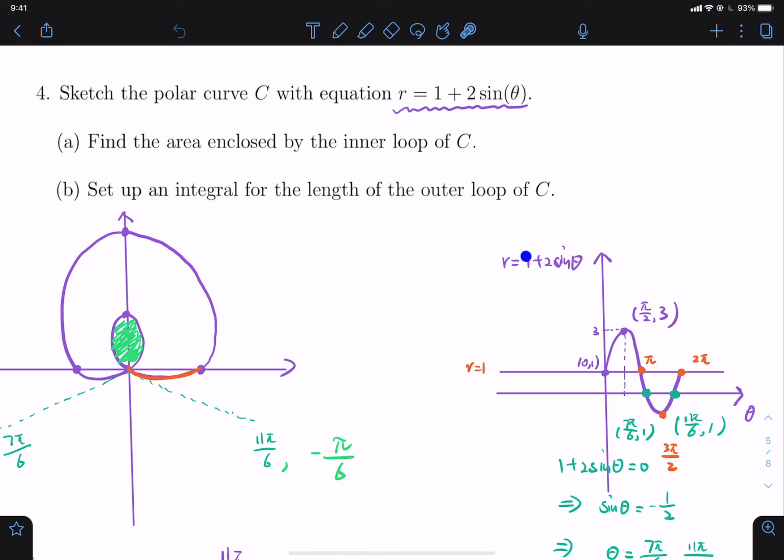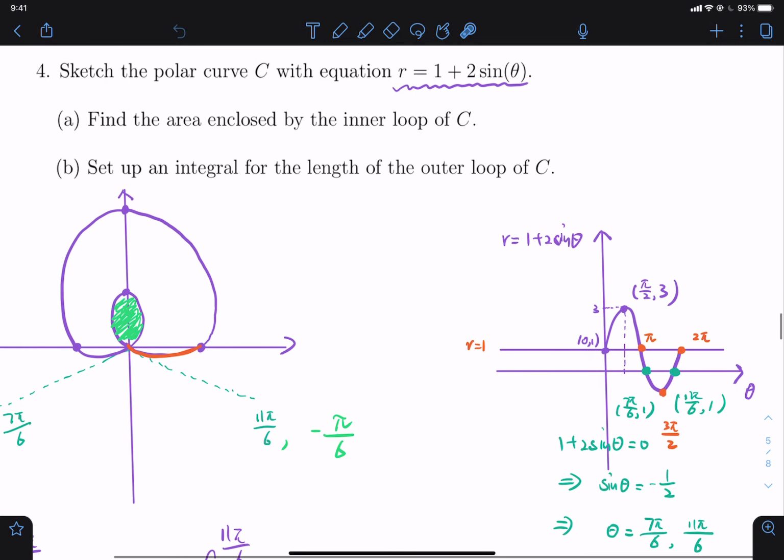So with this 1 plus, you just shift this curve 1 unit upward. Okay, so you have this r equal to 1, just like y equal to 1, a horizontal line here, and your origin is here, right? And here is your x-axis, namely the theta axis. Okay, so the curve looks like that.